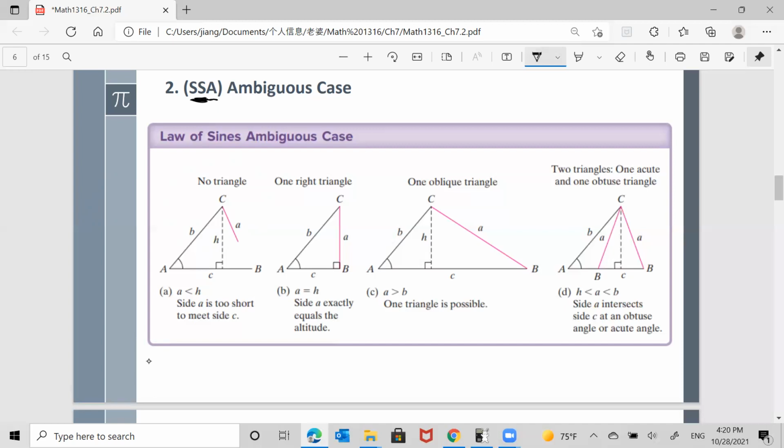That means, oh, we have one right triangle. This triangle is a right triangle.